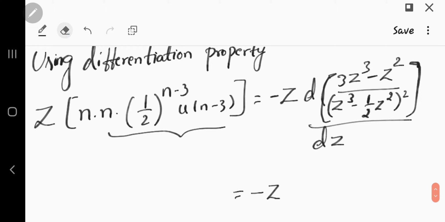I think it's a little bit lengthier. This is what you are supposed to get.